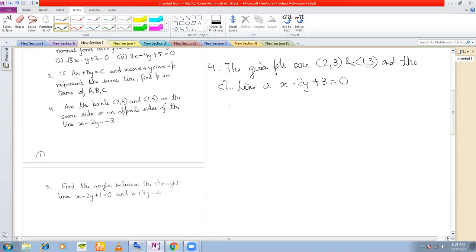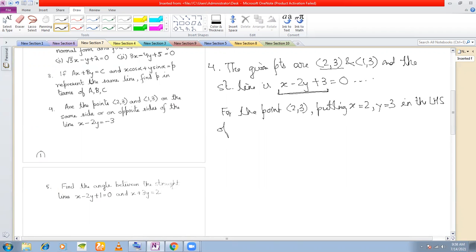Now how to check whether these 2 points are on the same side or on the opposite side? What you do here is you put the value of x and y. Suppose for the point 2, 3, you put x is equal to 2 and y is equal to 3 in the LHS of this equation, let us call it equation number 1.